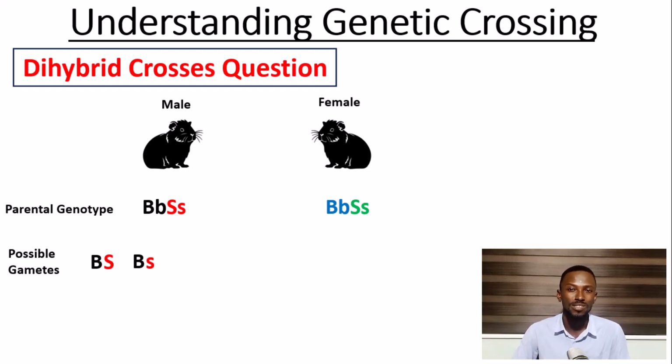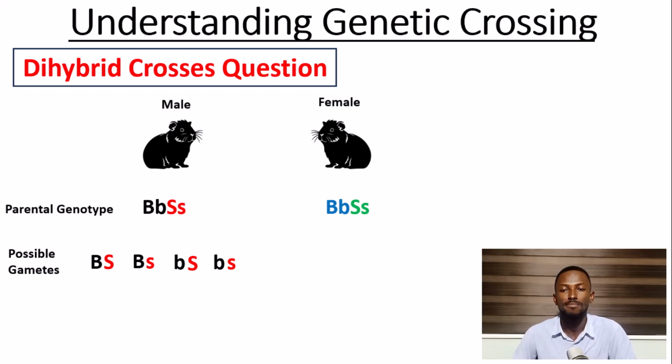That's another possibility. There is a third: instead of capital B, it might give small b and pair it with capital S. Or it might give small b and pair it with small s. So these are the four possible gamete types that the male can contribute to forming the offspring.